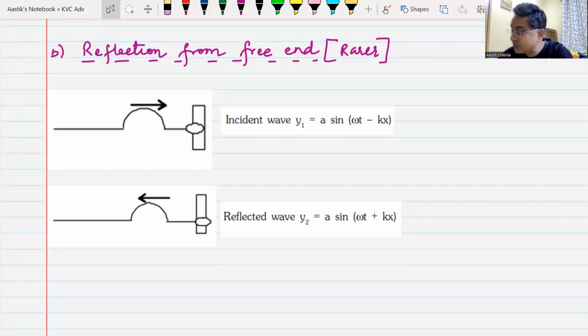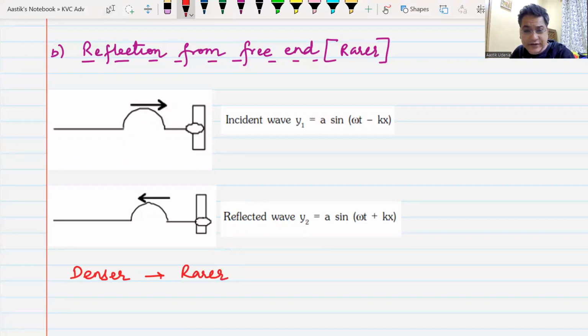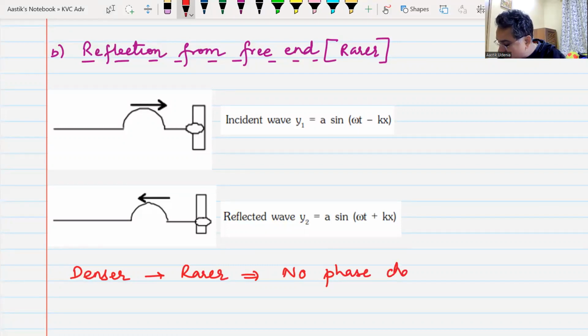The same thing happens when a wave is reflected from a rarer medium: there is no phase change. Crest is reflected back as a crest, and trough is reflected back as a trough.